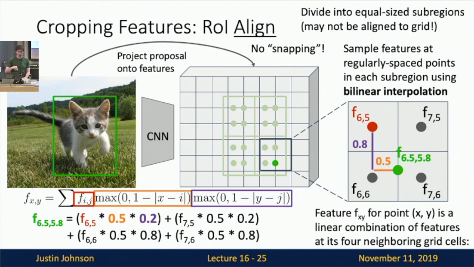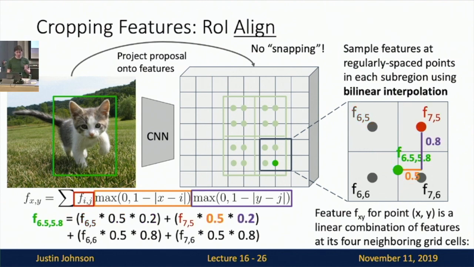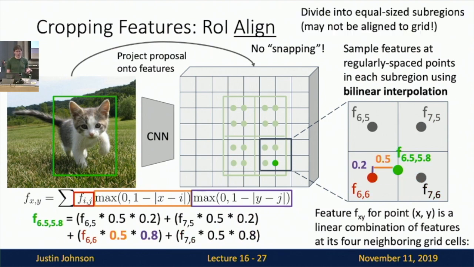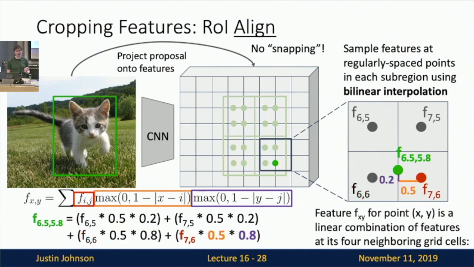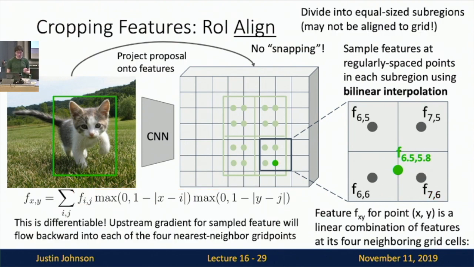And the vertical weight is going to be 0.8 because we're very close to this grid cell. Then we repeat this for each of these 4 nearest neighbor features in the spatial grid, where the linear weight for each depends on the distance between the actual position of the grid cell and the green position at which we want to sample.